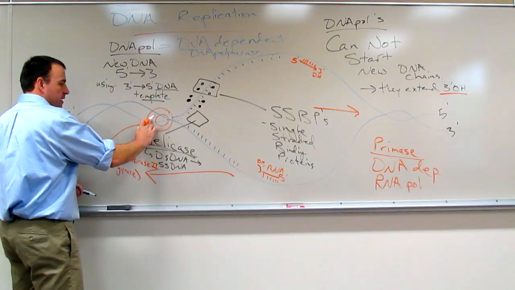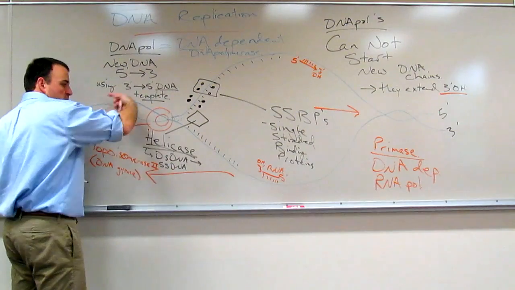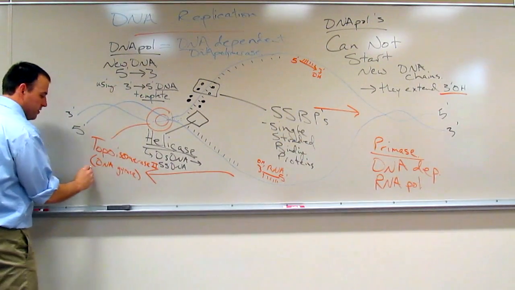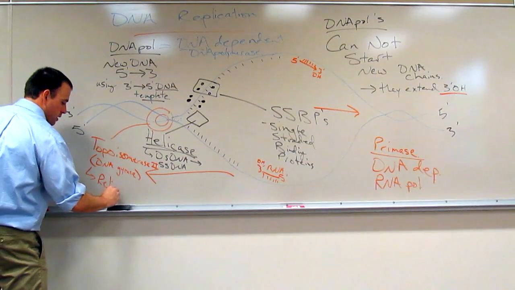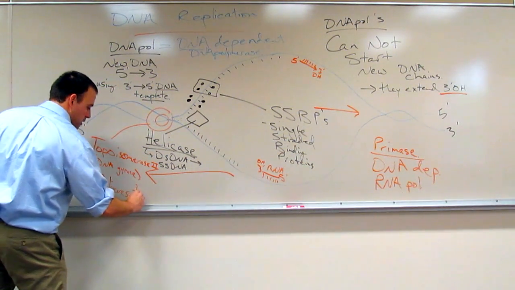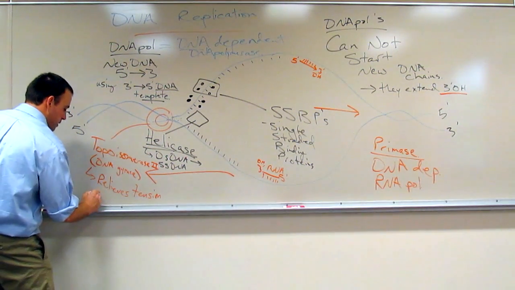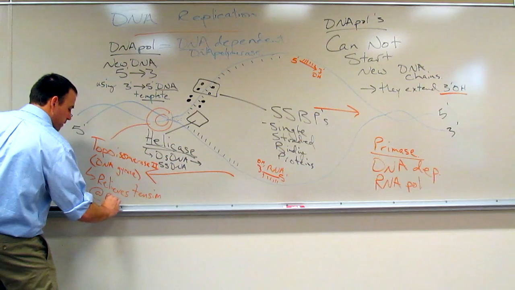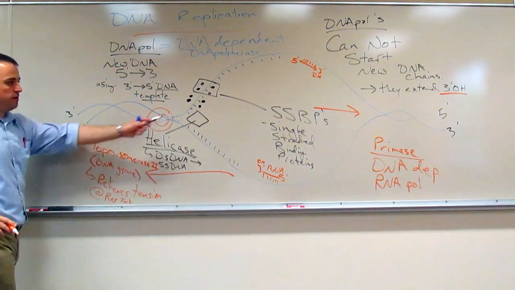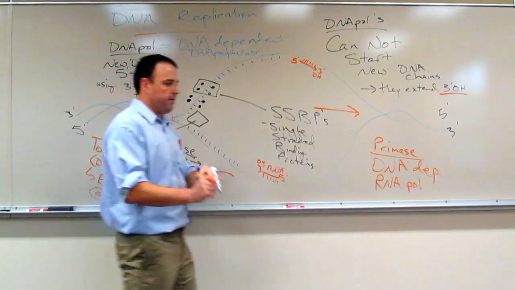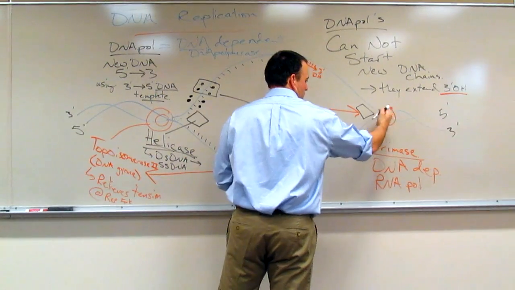It nicks a single strand of this DNA and allows it to unwind itself to relieve tension at the replication fork. This isn't only happening on one side. All of these things are happening analogously over here as well.